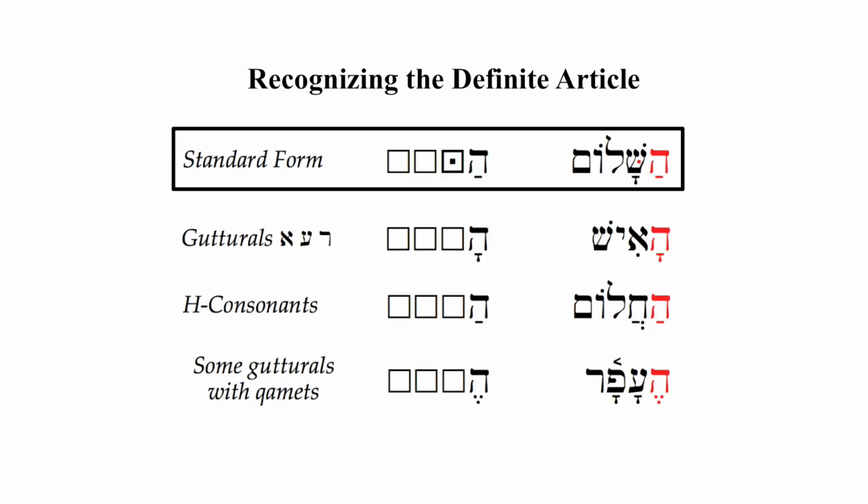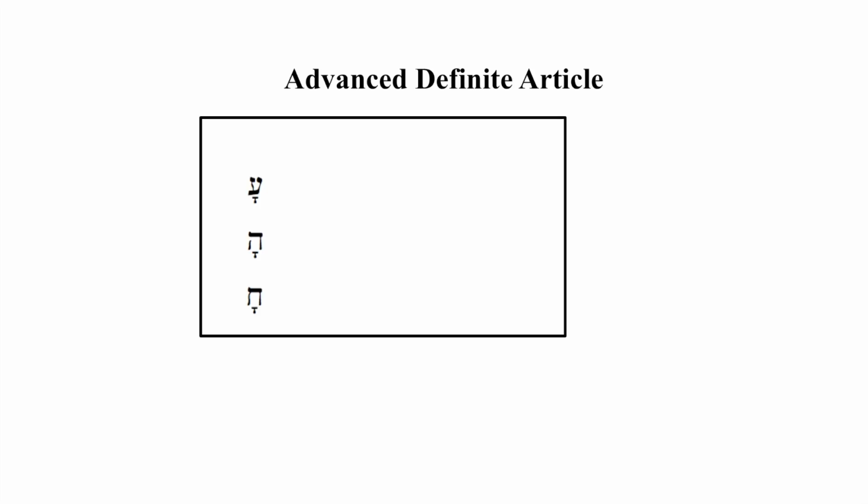I'm going to explain to you, though, why those in the fourth category occur so that you've been exposed to it and you can come back to this to refresh yourself as we move on, because it will eventually become important. So try to assimilate as much of it as you can. The letters ayin, he, and chet, when they have a qamets, long a, don't like to have a together.